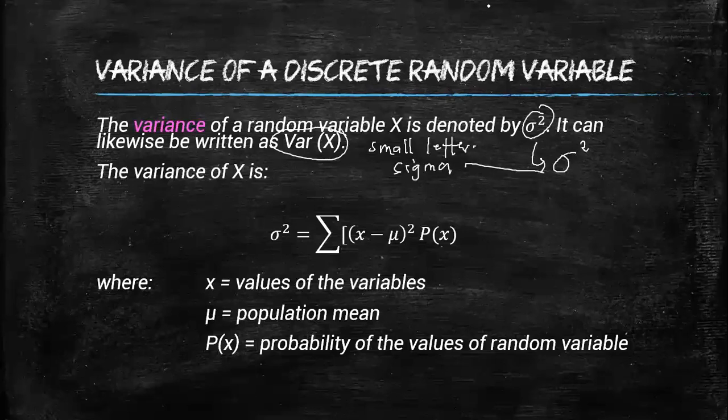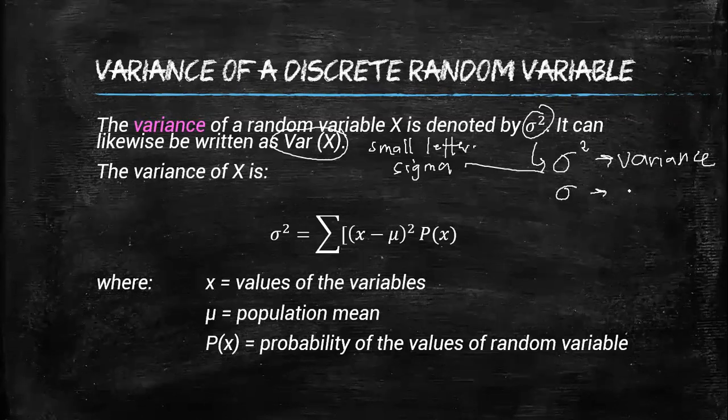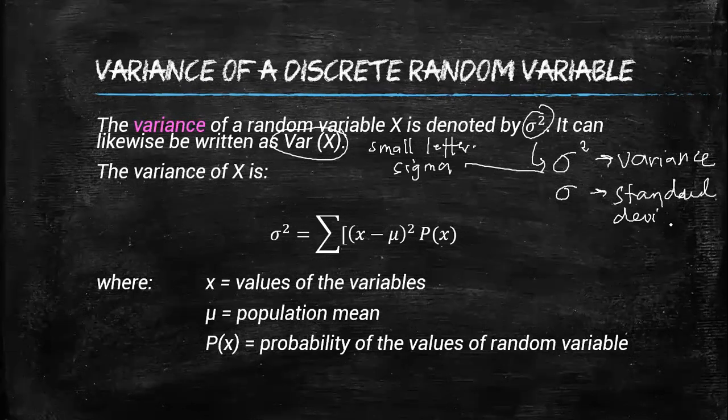Sa alphabet ng Greek class, may capital and small letters din. Kung ito yung capital letter ng sigma, summation na ibig sabihin, yung small letter na may squared is our variance. Sir, bakit may squared? Kasi class, yung small letter sigma alone is our standard deviation. I'm not sure if you are quite familiar, but I'm not quite sure if this is discussed in your junior high school.